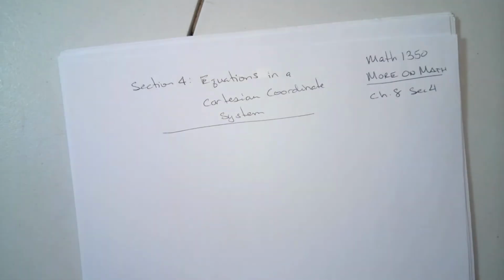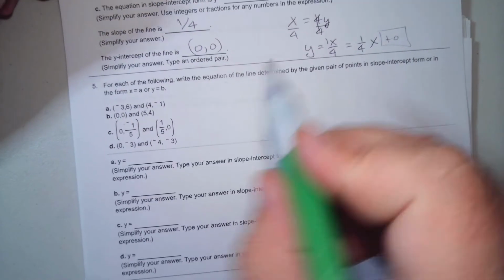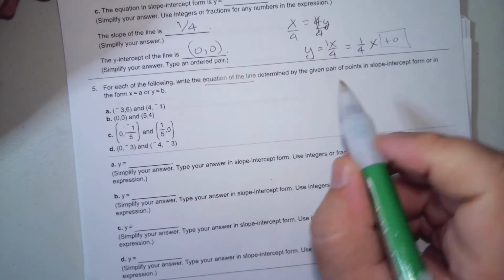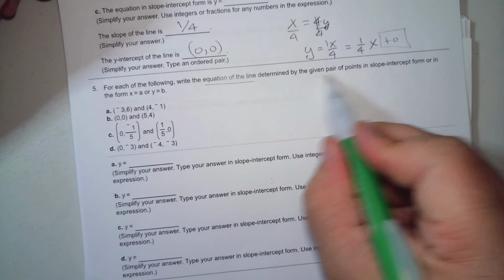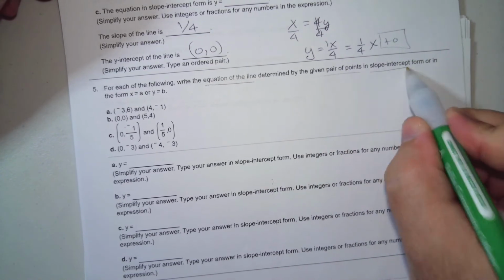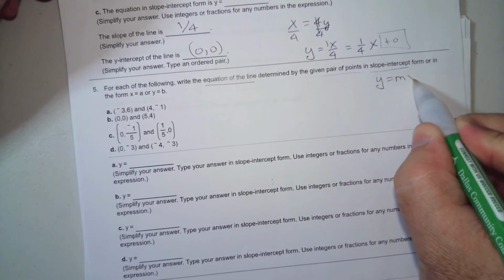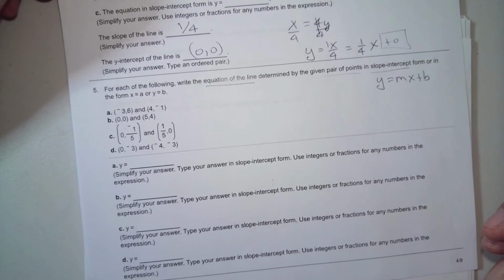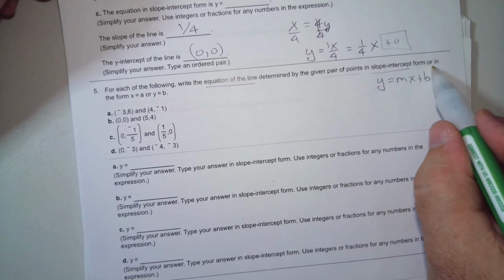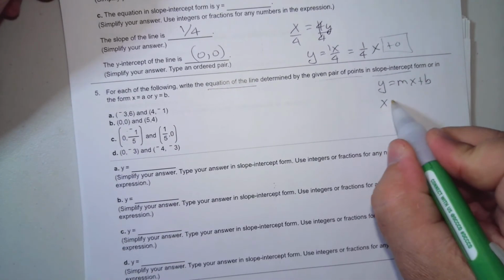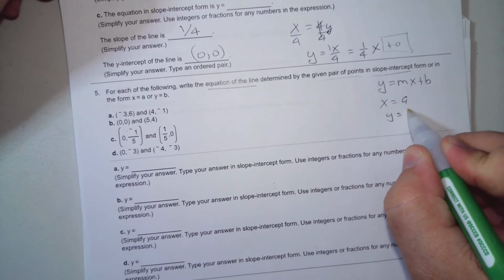Number 5. It's saying for each of the following, write the equation of the line determined by the given pair of points. In slope-intercept, in other words, I want the answer in mx plus b. If that's not possible, then like this.